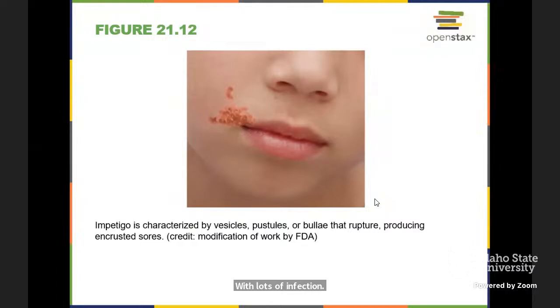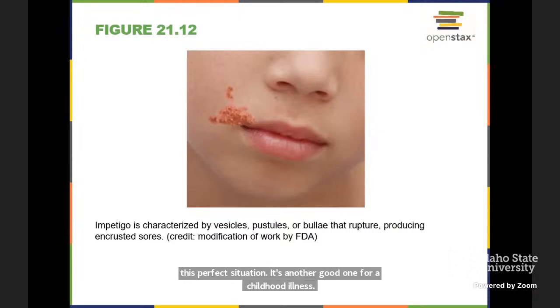All right. Next is impetigo. This we will see in a second is a co-infection. There's two players that are involved with impetigo. Staphylococcus aureus and Streptococcus pyogenes working together to create kind of this perfect situation. It's another good one for a childhood illness.